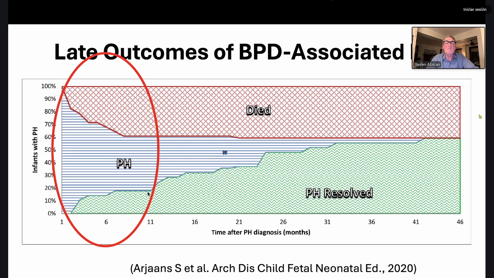And you see kids with modern follow-up and care and multiple interventions, the pH can actually resolve, in the sense that many of these kids come off their pH-specific therapies. In the past, it was almost unheard of in any other form of childhood pH. So very exciting to see this.